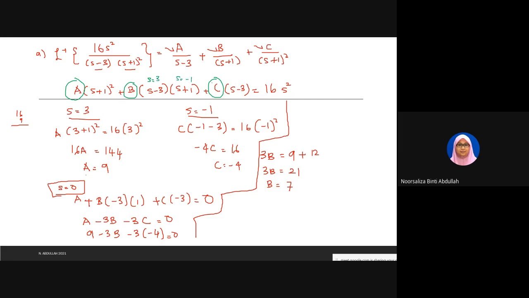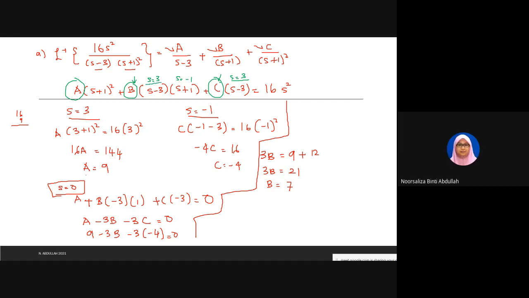And for C to be 0, S must be equal to 3. So we look at here, when S equals 3, you can make sure C and B is 0. Right. Betul? Bila S equals 3.